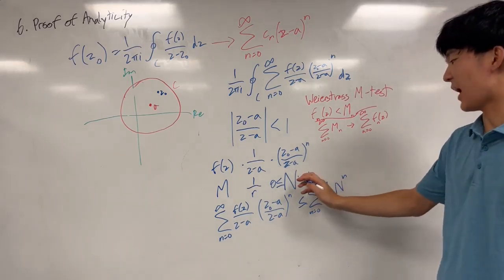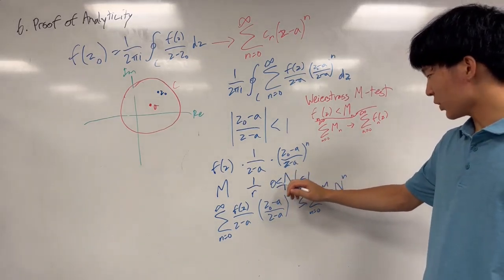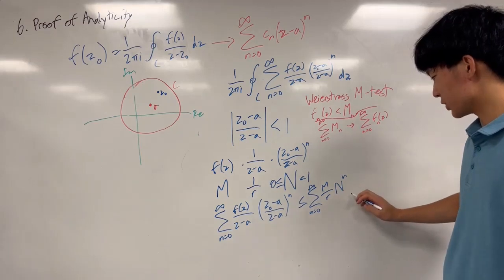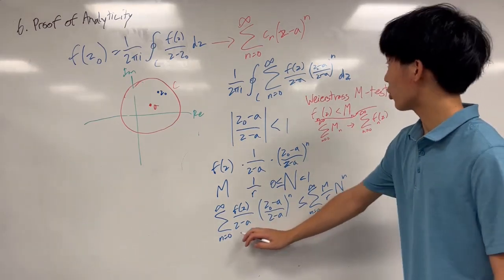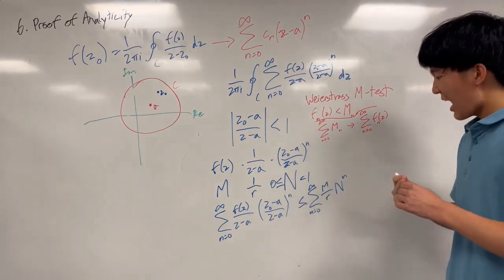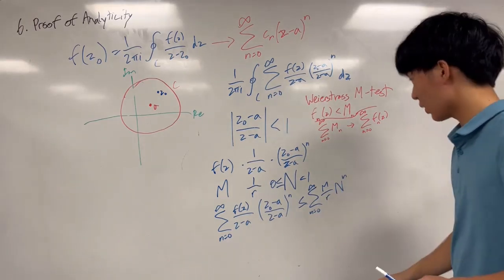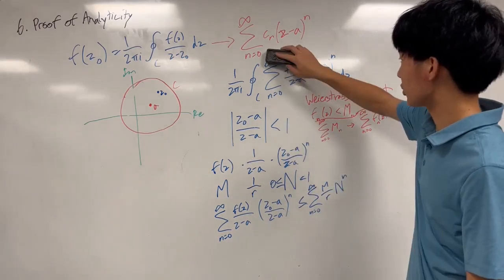And because we have N between 0 and 1, this converges, and therefore what's inside here converges absolutely and uniformly. And that is enough to allow us to swap this sum and integral up here.